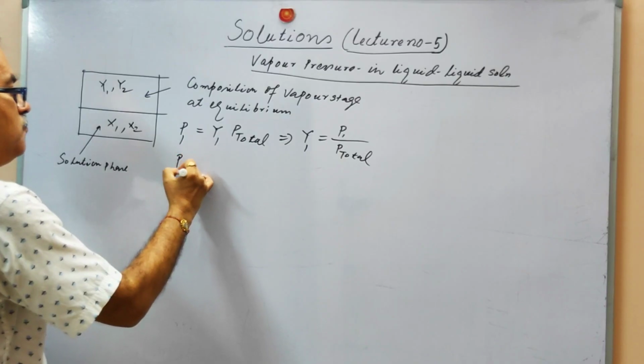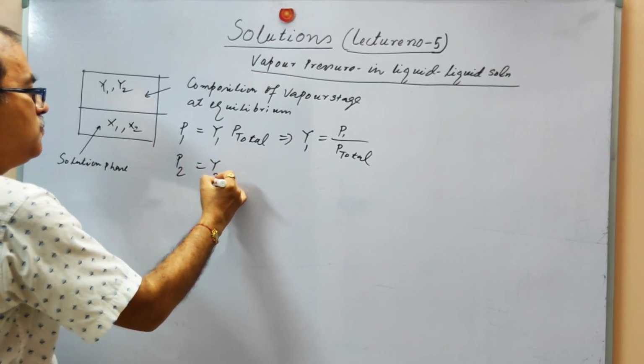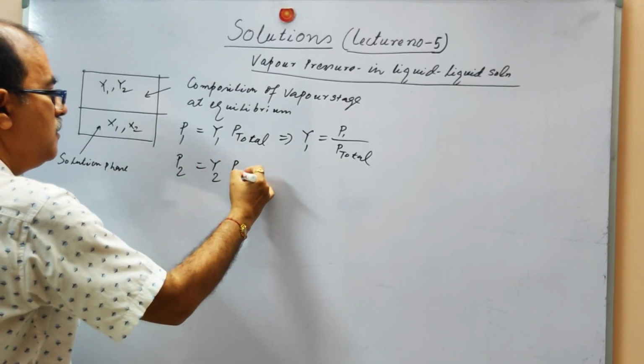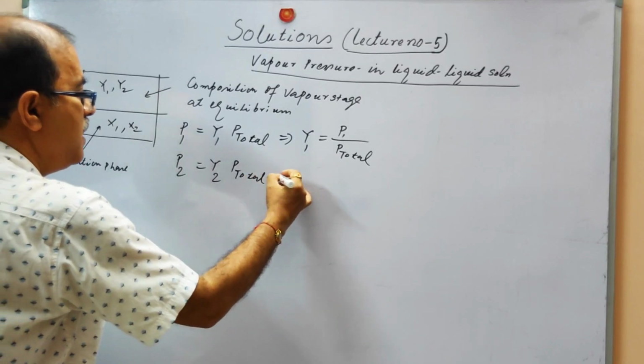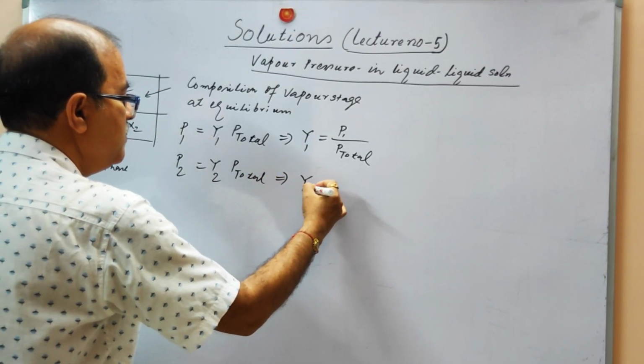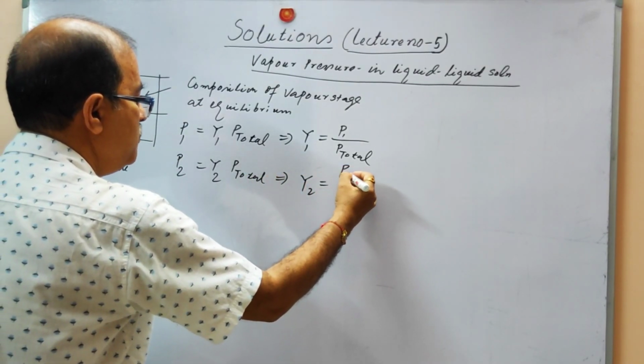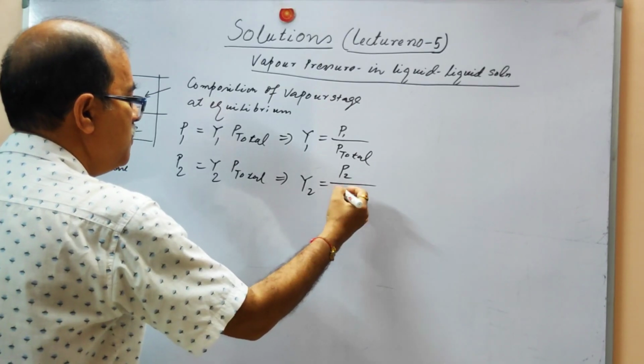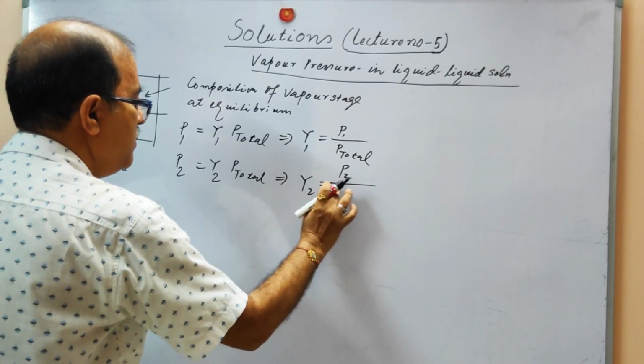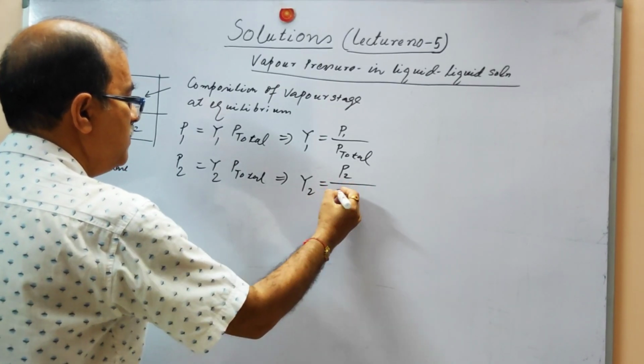Similarly, for P2, that will be y2 into P total, and it can be written y2 is equal to P2, the partial pressure of component 2, divided by the total pressure.